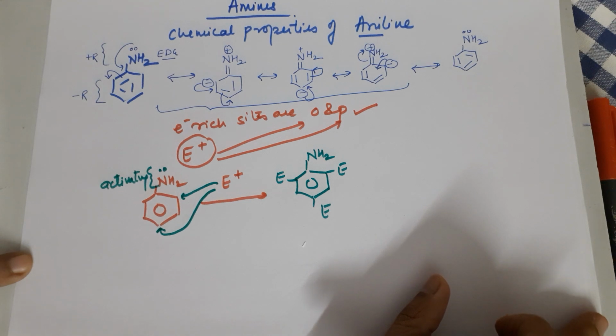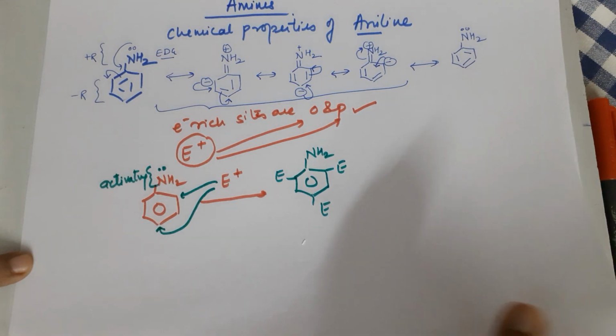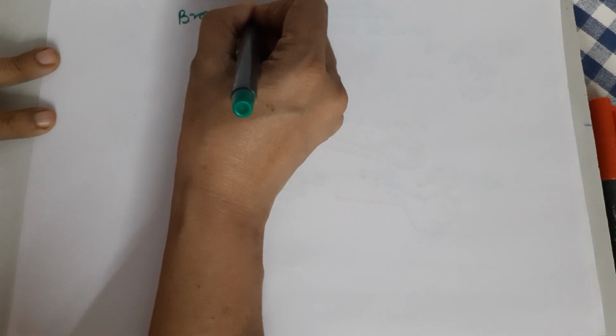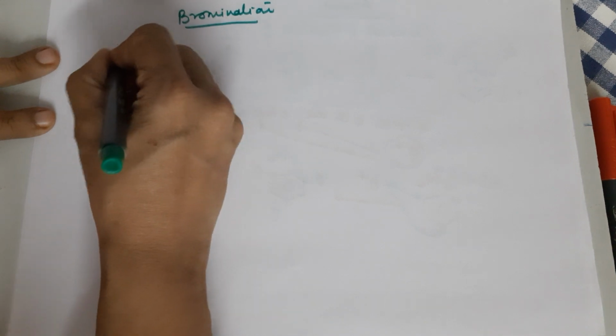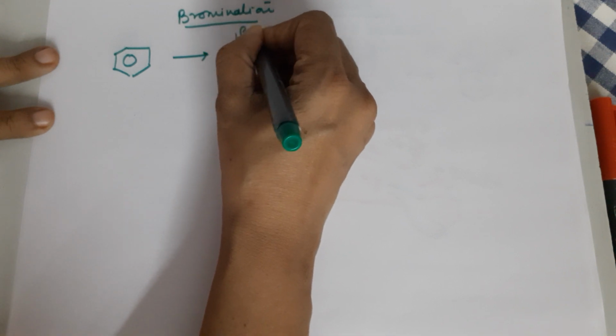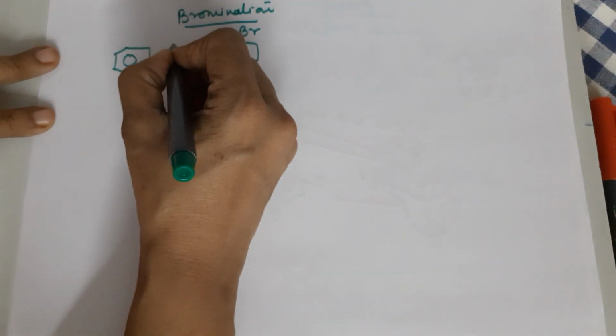So we would now move to the specific reactions of aniline. Coming to the first reaction, which is bromination of aniline. Now before I go to the bromination of aniline, we would like to do bromination of benzene first. Now when you want a bromobenzene from benzene, what do you add?